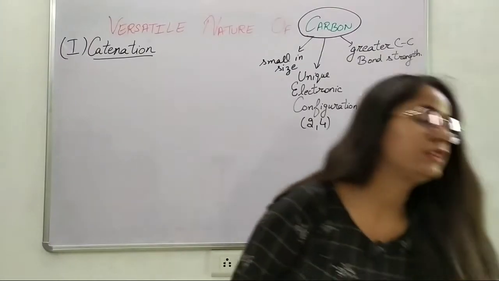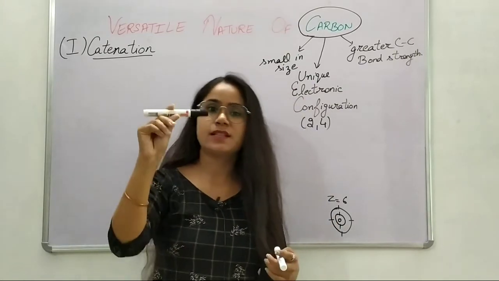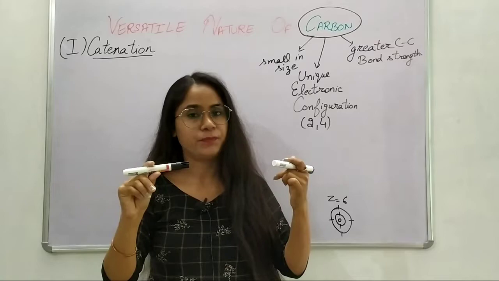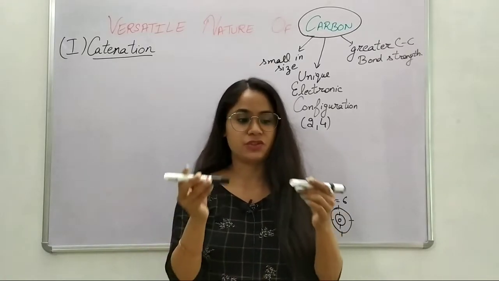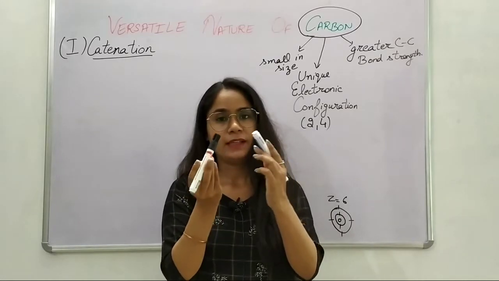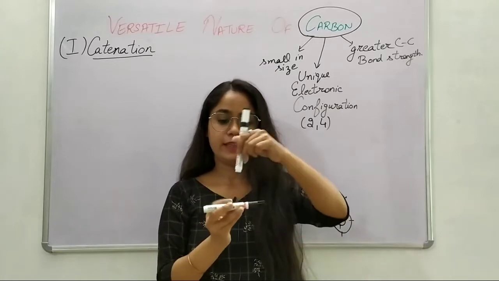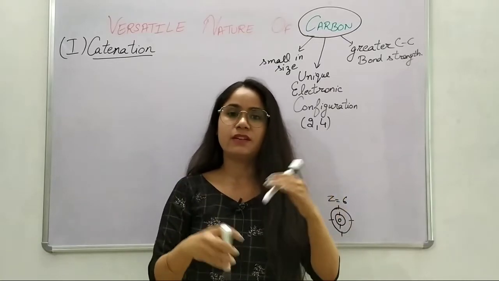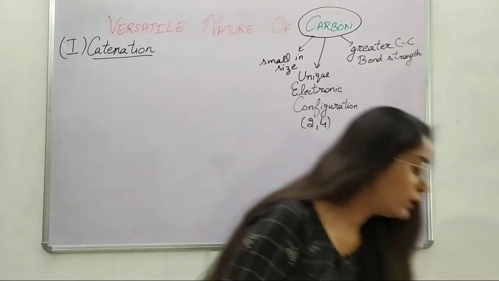See, I have these 2 black markers. You can assume this one is also carbon, this one is also carbon. If I want them to bond with each other, they can bond like this, like this, like this. So there are various ways of their linking. So what does it mean?